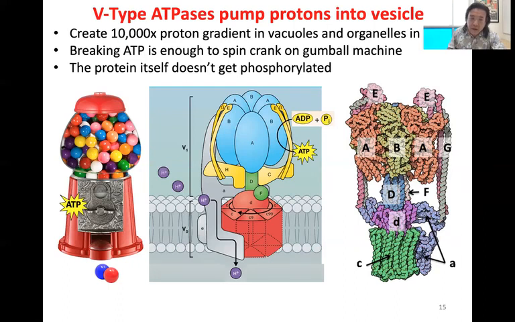And how amazing it is to think this is what's on the surface of your cell membranes right now, doing their job, spinning around and pumping protons.